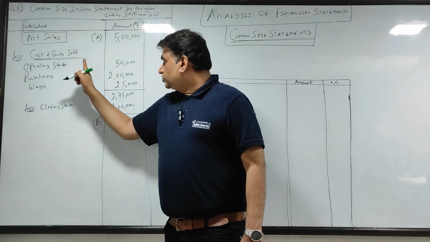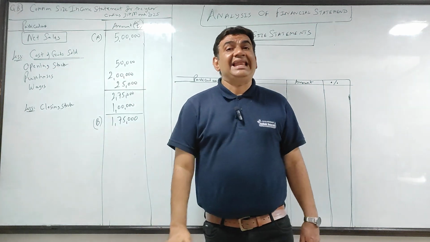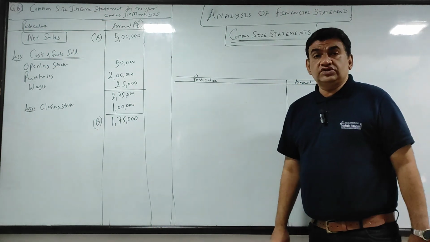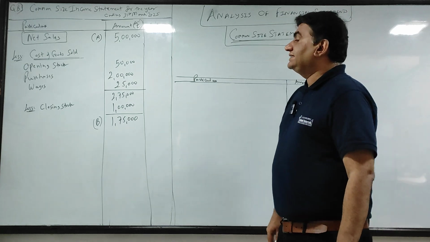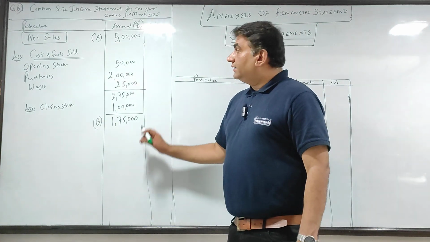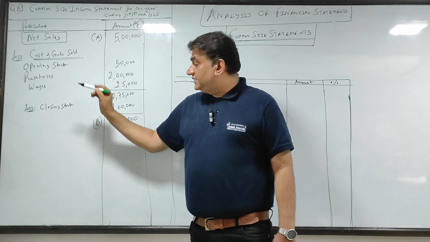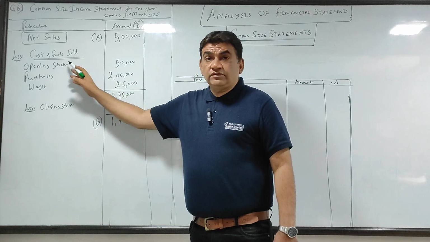So cost of goods sold is 1,75,000. Now, why did I make you write A against net sales and B against cost of goods sold?